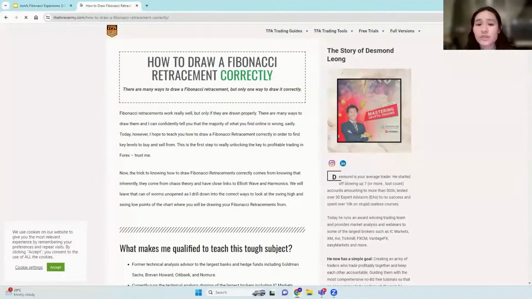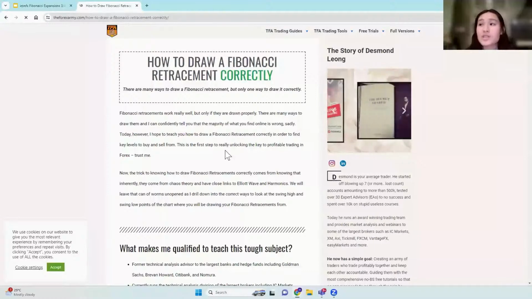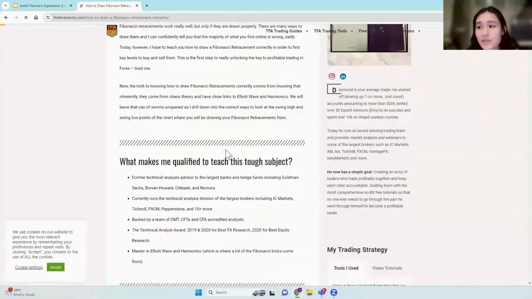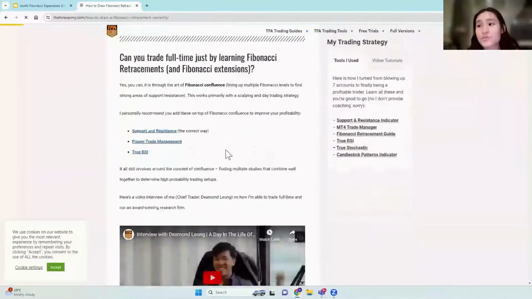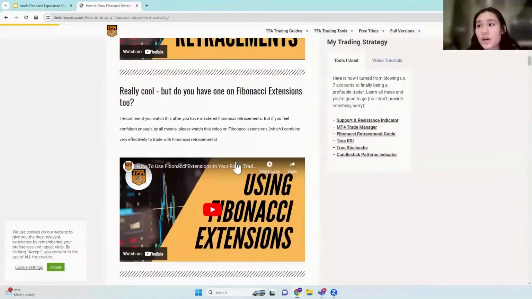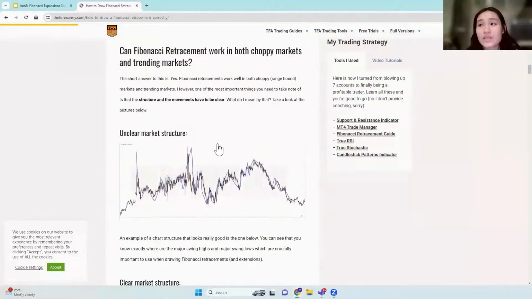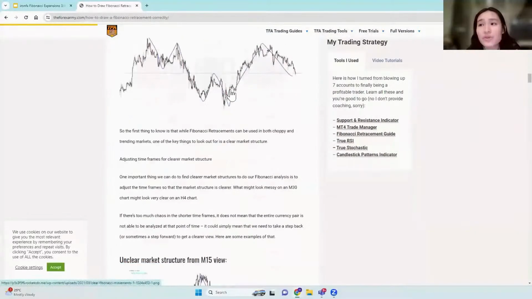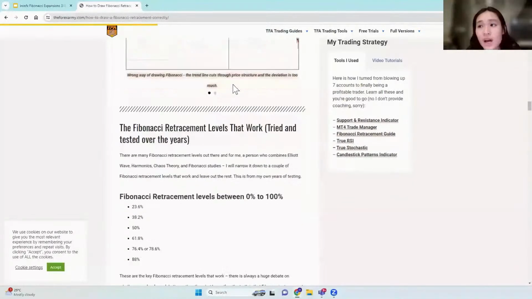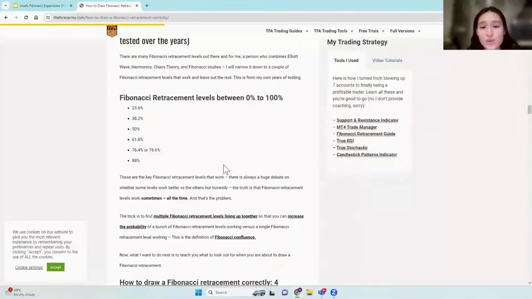You can go on to forexarmy.com and it teaches you how to draw the Fibonacci retracement correctly. There's a video as well on each of the techniques, and you can look at what to look out for. Basically everything that I'm going through today, you can also find on this website.